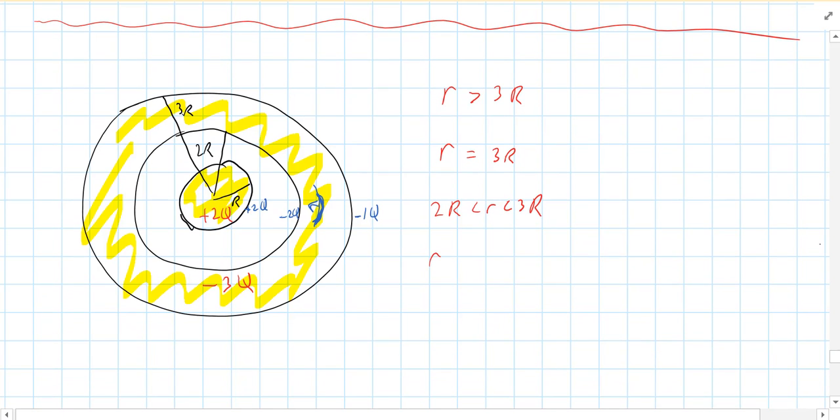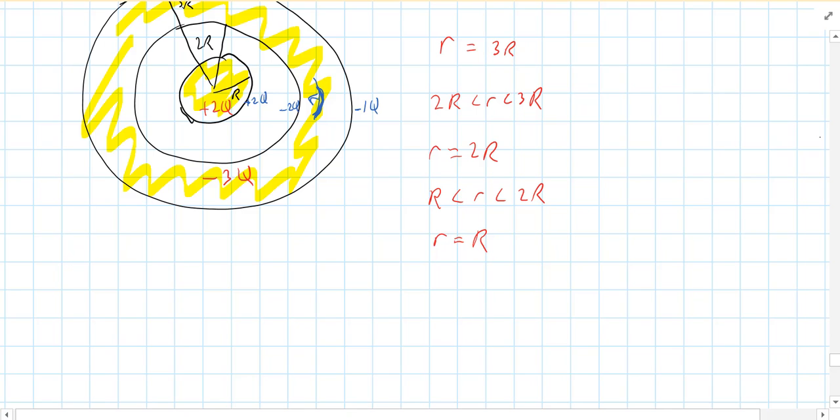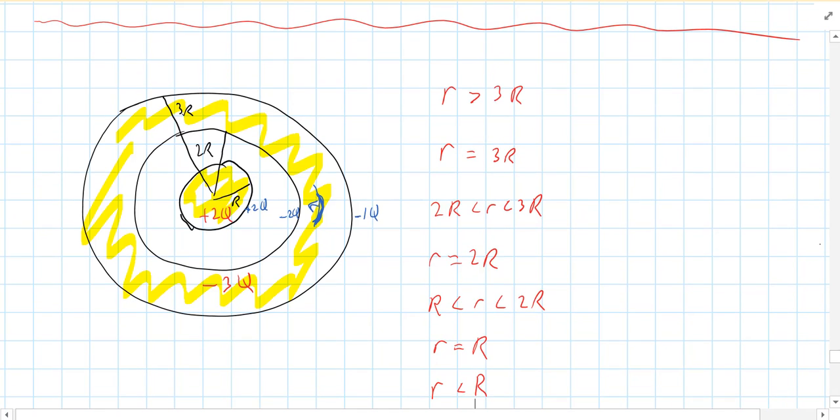We'll do at 2R. We'll look at the voltage between R and 2R. We'll look at the voltage at R. And finally, we'll look at the voltage at R less than, inside the metal ball. So we've got a bunch of locations here.